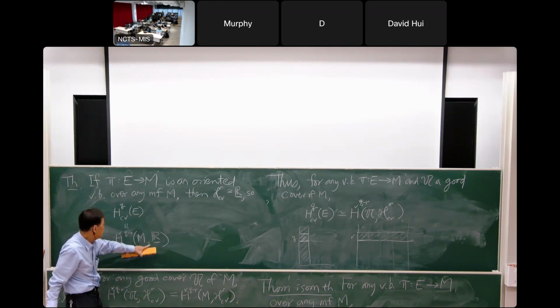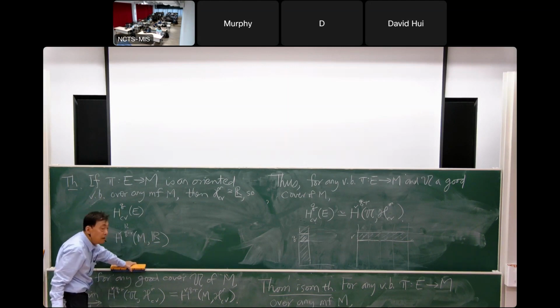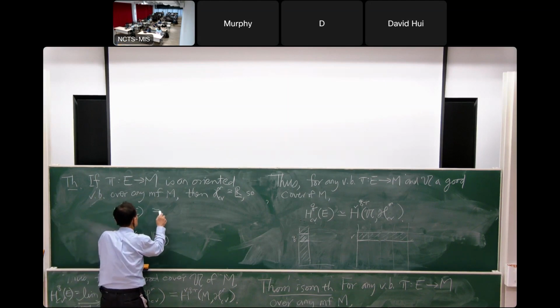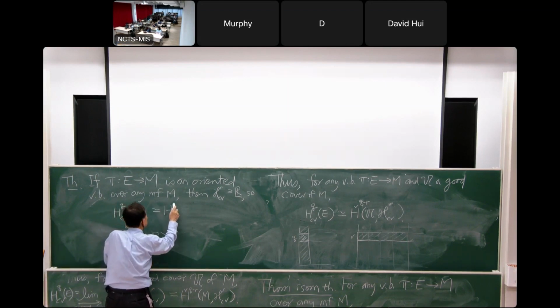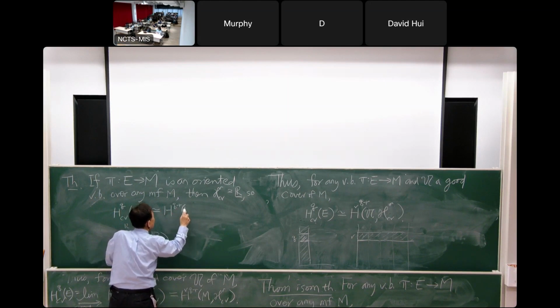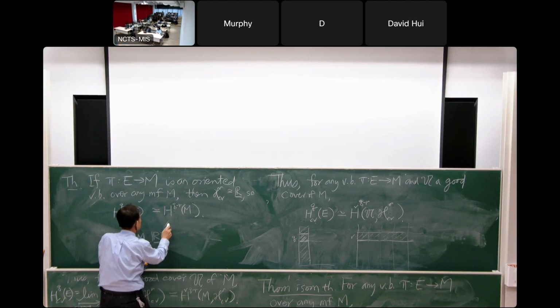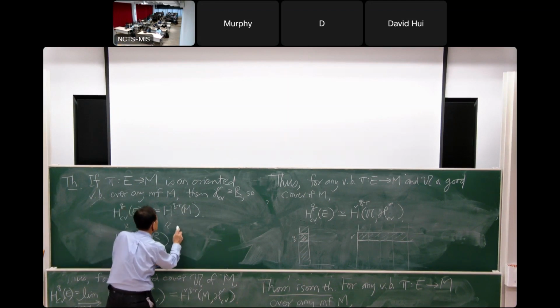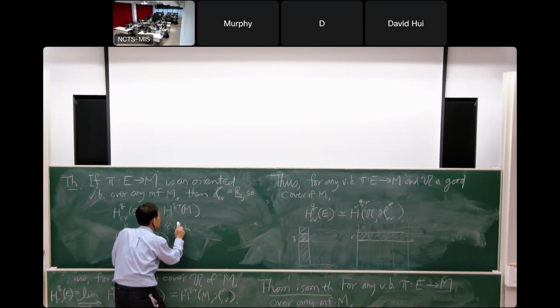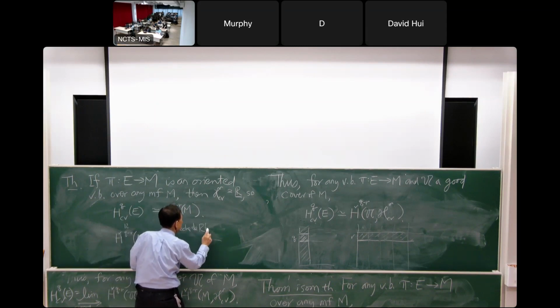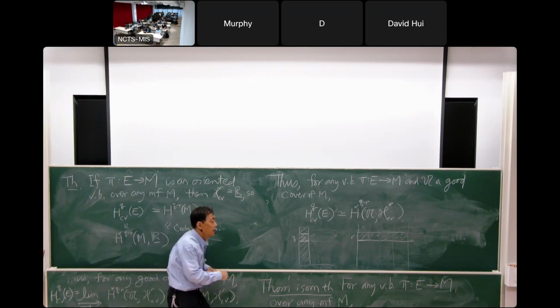You can replace the pre-sheaf by the pre-sheaf of locally constant functions, but we have the Čech-de Rham isomorphism that says that the Čech cohomology of a topological space is isomorphic to de Rham cohomology. So this is the Čech-de Rham isomorphism. Okay.